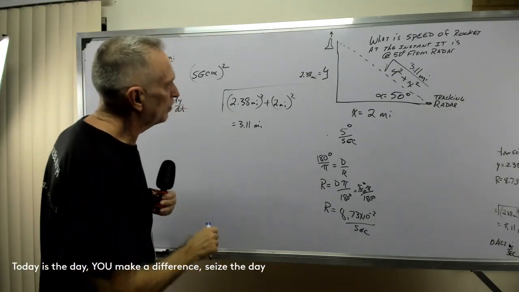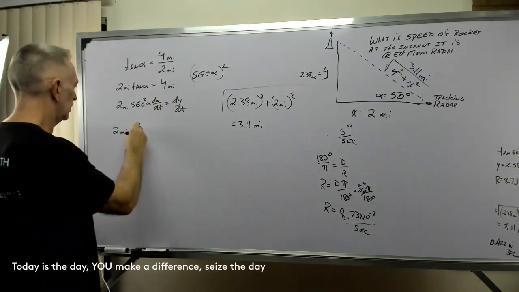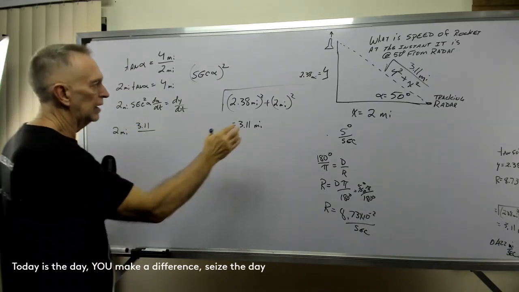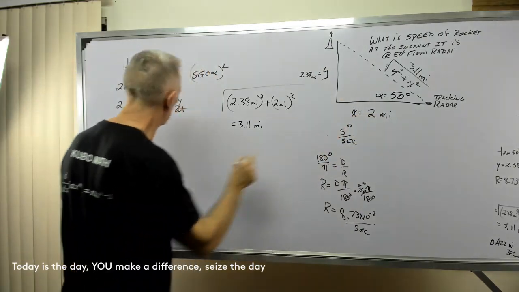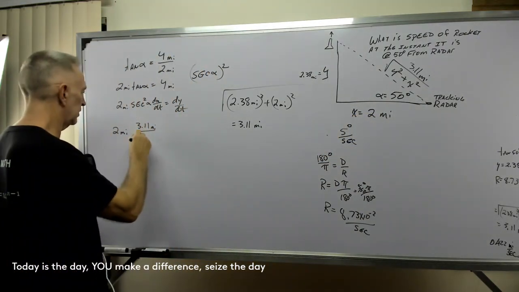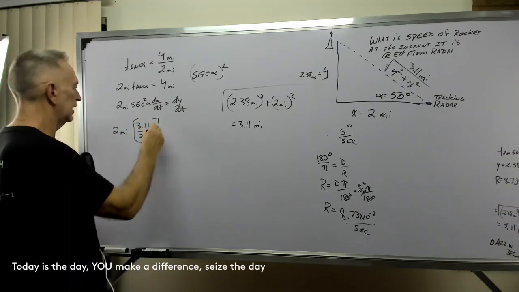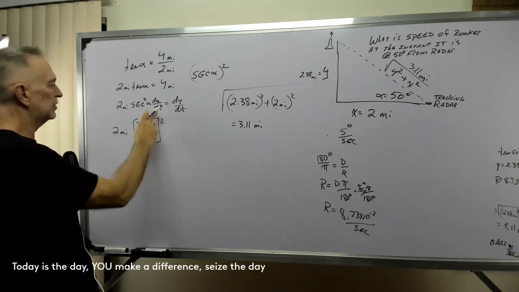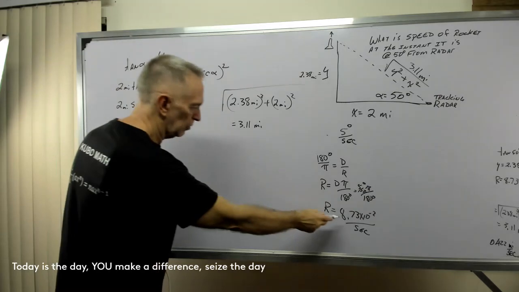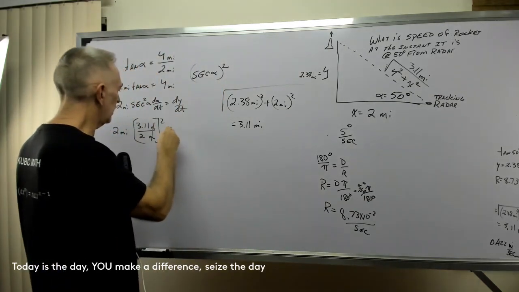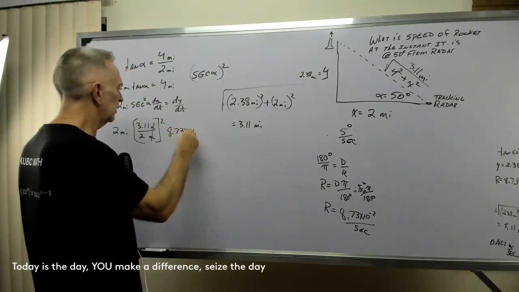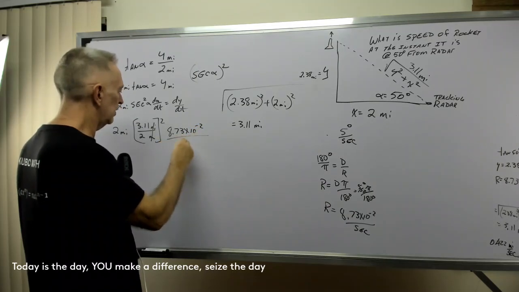So I have 3.11 divided by 2, and these are both in miles. 2 miles, miles cancel, and that's going to be squared, times d alpha dt, which is 8.73 times 10 to the minus 2 radians per second.